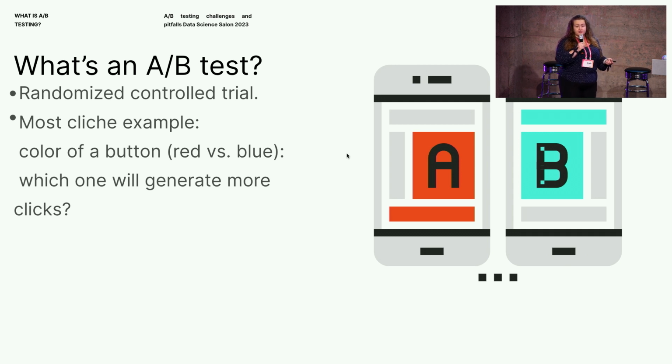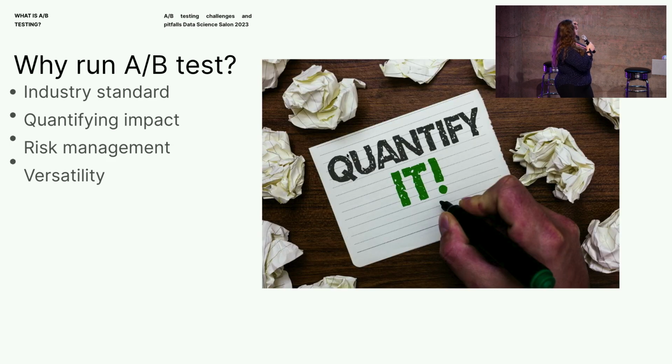This is a very cliche toy example. We don't really use that in real life. You will be testing different pages, removing fields, things like that, but it's unlikely that you will actually be testing the color of a specific button. It's also unlikely that this would make a difference to people.